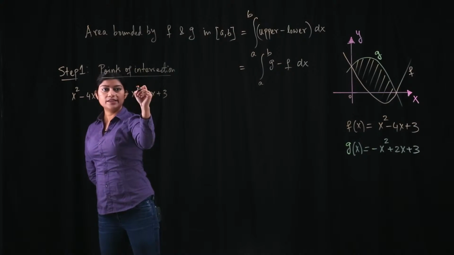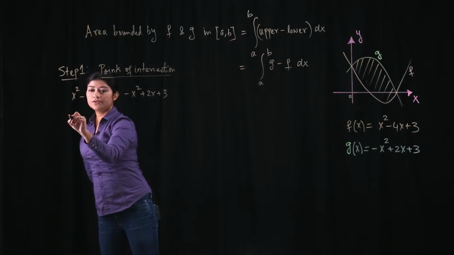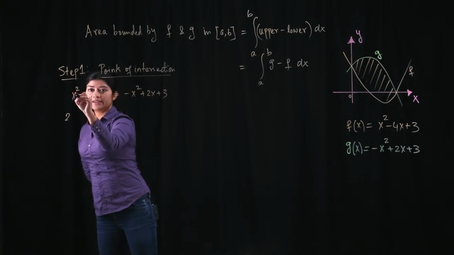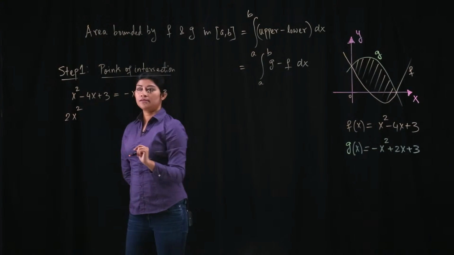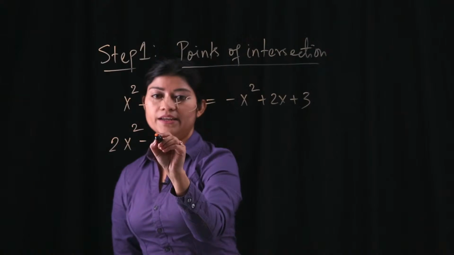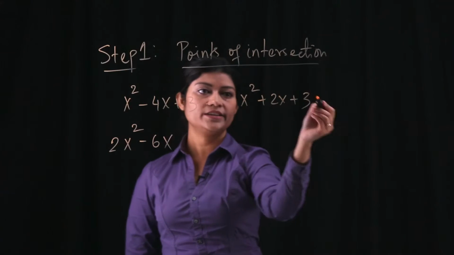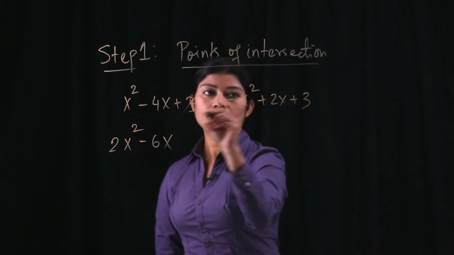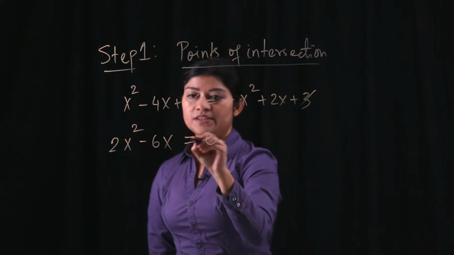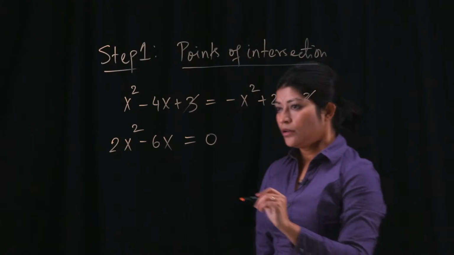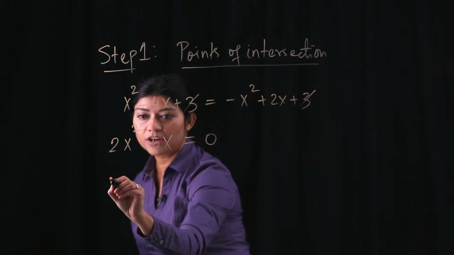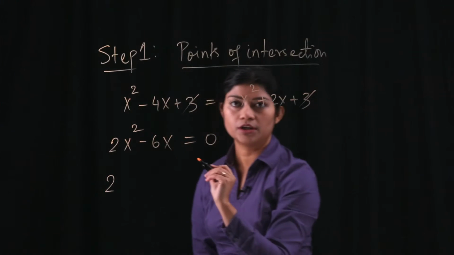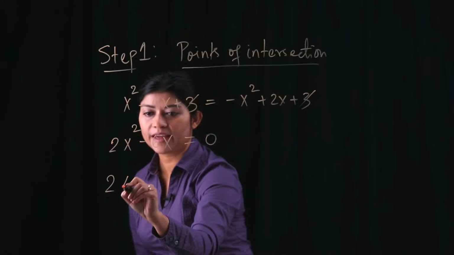So bring the negative x squared to the left. x squared plus x squared gives 2x squared. Then we have a negative 4x and a negative 2x, so negative 6x, and the 3 cancels out. So this is equal to 0. Can we factor? We have a common factor of 2 and a common factor of x.